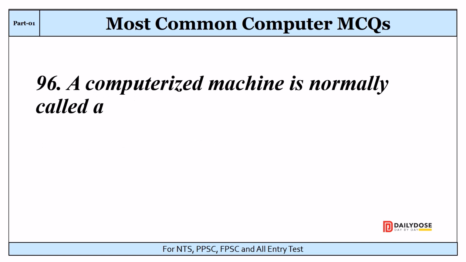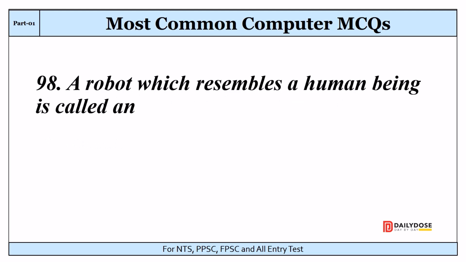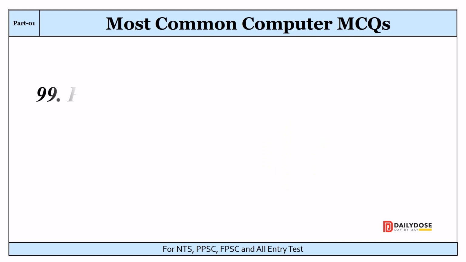A computerized machine is normally called a robot. A robot is a machine directed by a computer. A robot which resembles a human being is called an android.